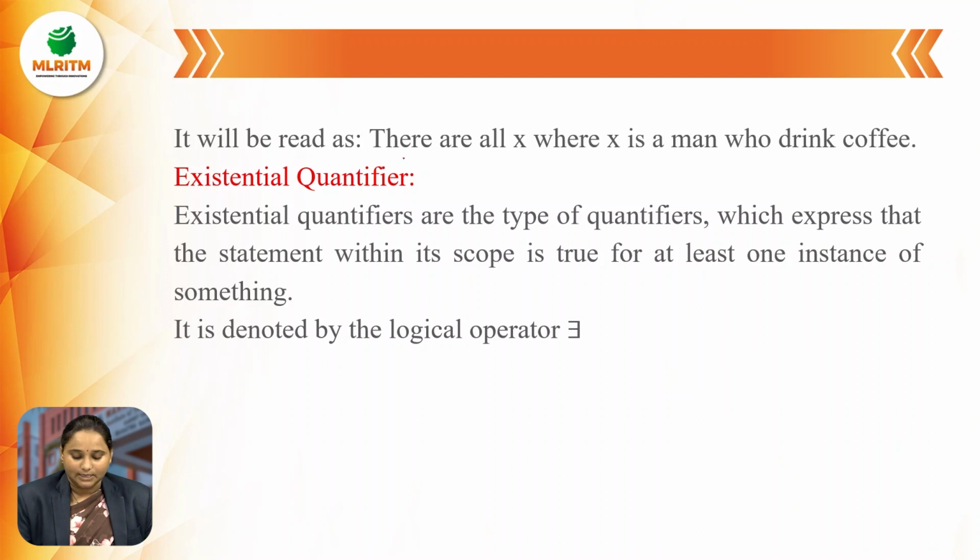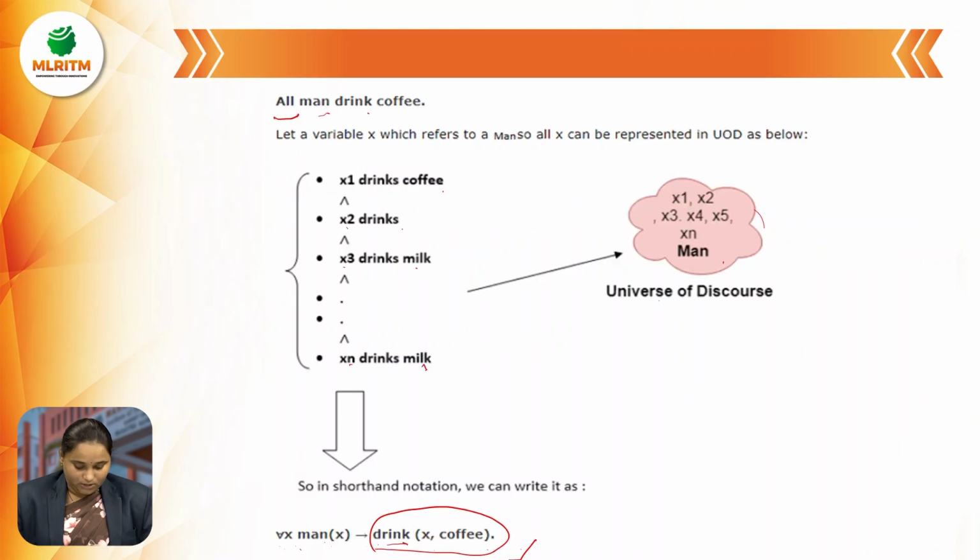It will be read as: for all X, where X is a man who drinks coffee. Some of the men drink coffee and some like to drink milk, so we are representing only coffee.